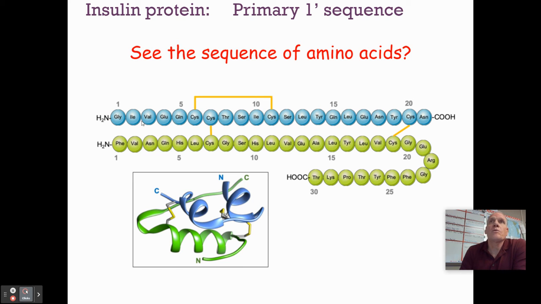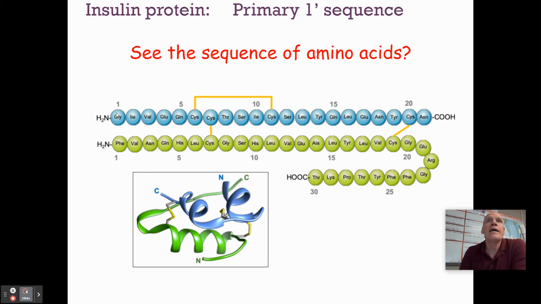So this is what we call the primary sequence of amino acids. What does that mean? It means that the DNA, the insulin gene in your DNA, holds the instructions for putting these amino acids together in this very particular sequence.